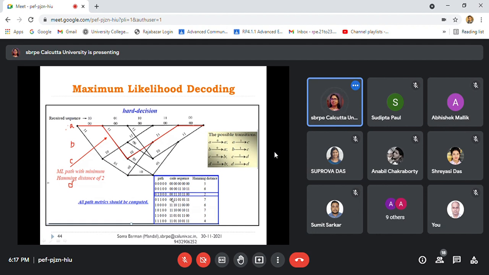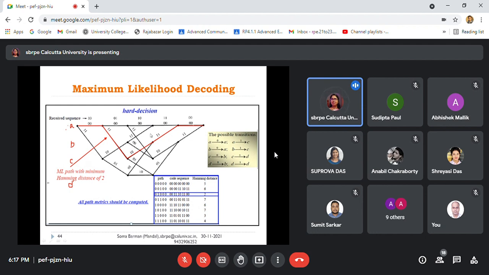See here, 0 0 differs from 1 0, that is 1. 1 1 differs from 0 1, that is 1. Next is 1 0, this is also 1 0. This is 1 1, this is also 1 1. This is 0 0, this is also 0 0. So only 2 positions are different, so the Hamming distance is 2. So out of these 8 paths, you have to choose this path because it has the minimum Hamming distance.